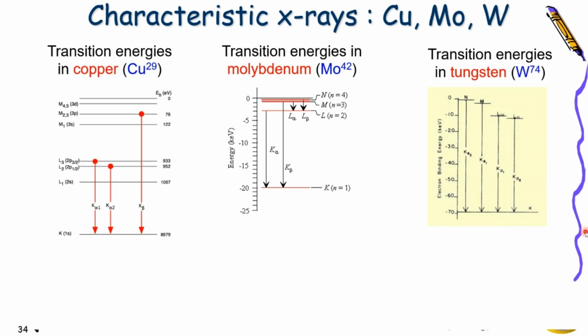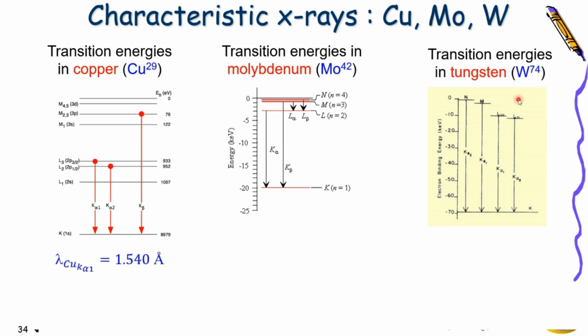Very quick. As I told you, the characteristic X-ray is for the metals you want to know. So we put different metals into the gas discharge tube, for example, copper, moly, and tungsten.